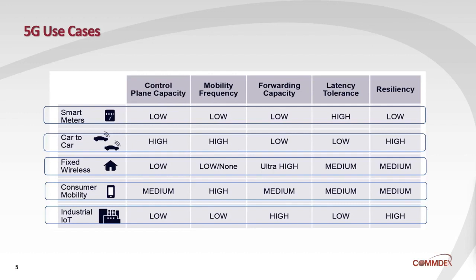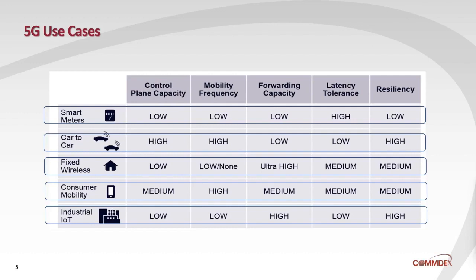Low latency is crucial for real-time monitoring and control of industrial processes, ensuring timely decision-making and optimizing efficiency. These systems rely heavily on resilient connectivity to avoid downtime, maintain productivity, and minimize disruptions in critical industrial operations.